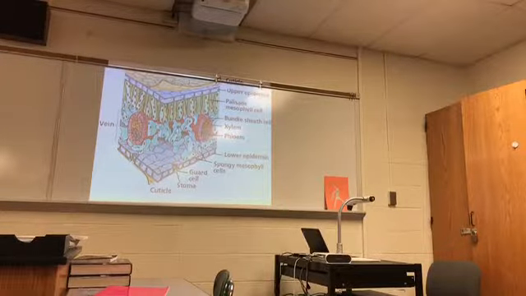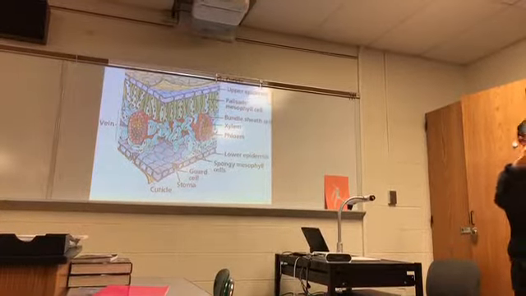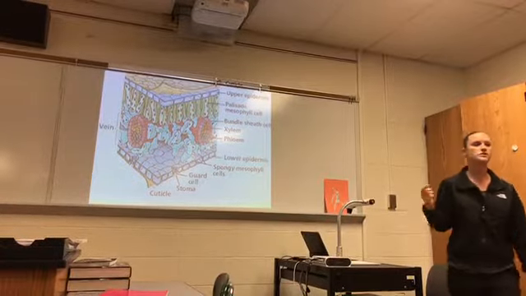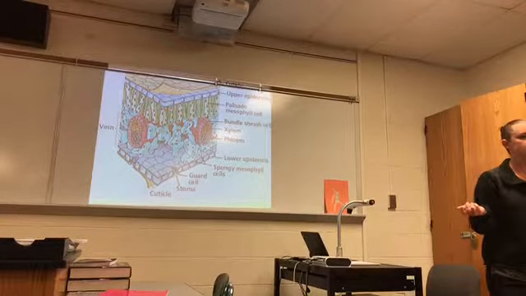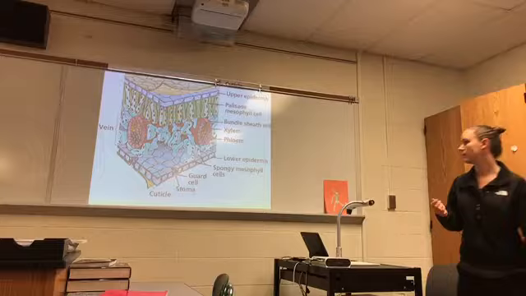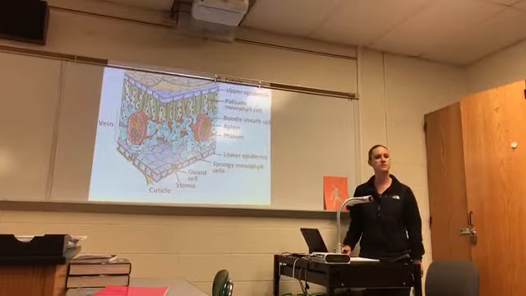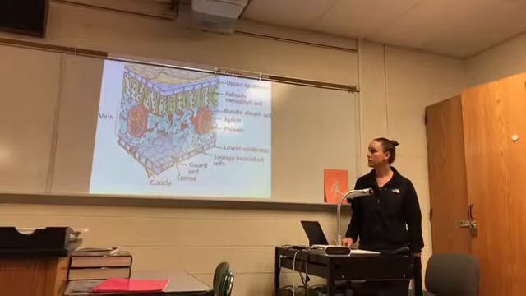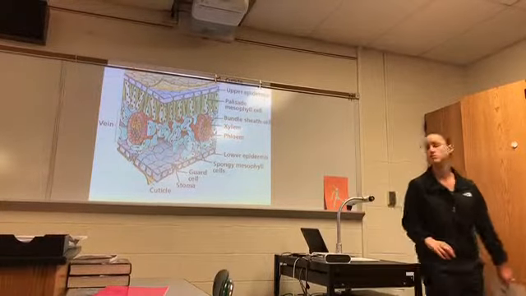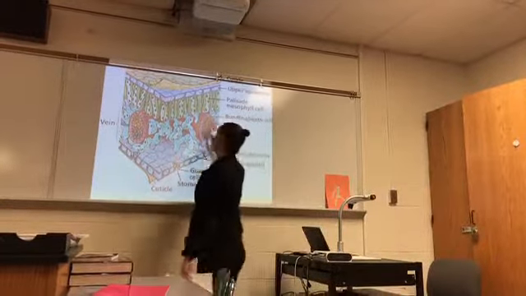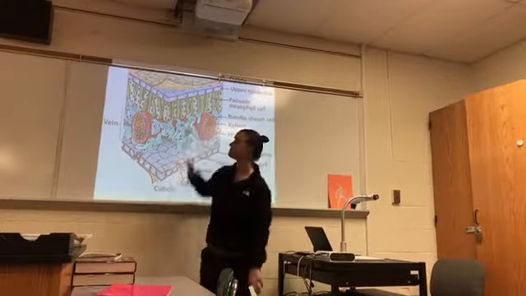Well, it contains chlorophyll, but what actual organelle? Chloroplast. Okay. And that's where what happens? Where photosynthesis happens. Notice which layer has the most. Yeah, this one right here. That's where most of your photosynthesis is going to occur. The one that has the most chloroplasts.